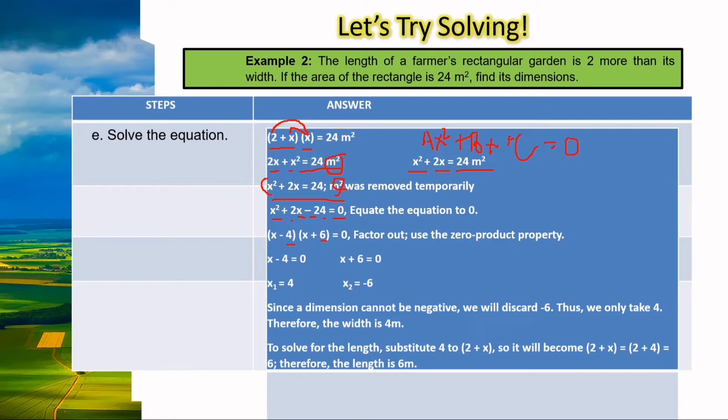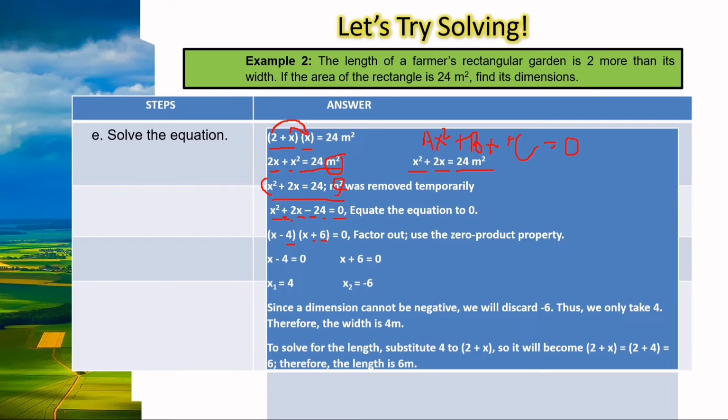I'll give you a technique. If you have a positive second term, or the numerical coefficient beside x is positive, you should give the larger number the addition sign, and the smaller one should take the minus sign. So that if we add 6 and negative 4, the result will be positive since 6 has the greater absolute value.